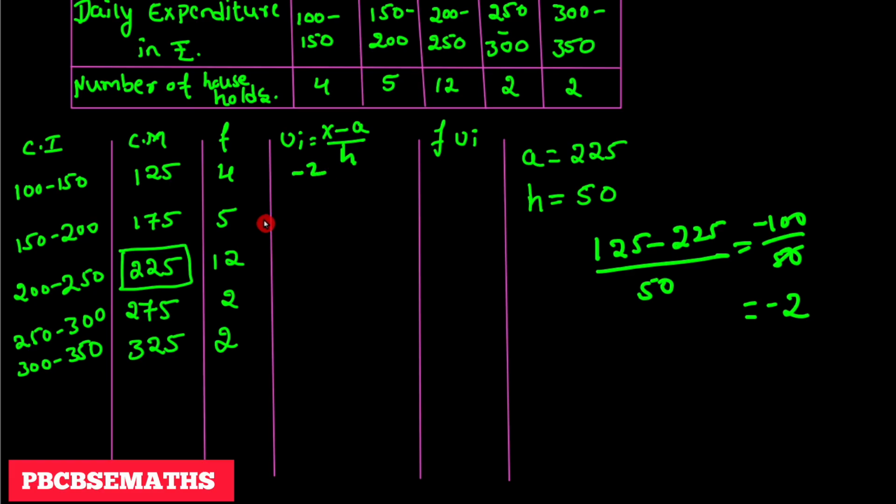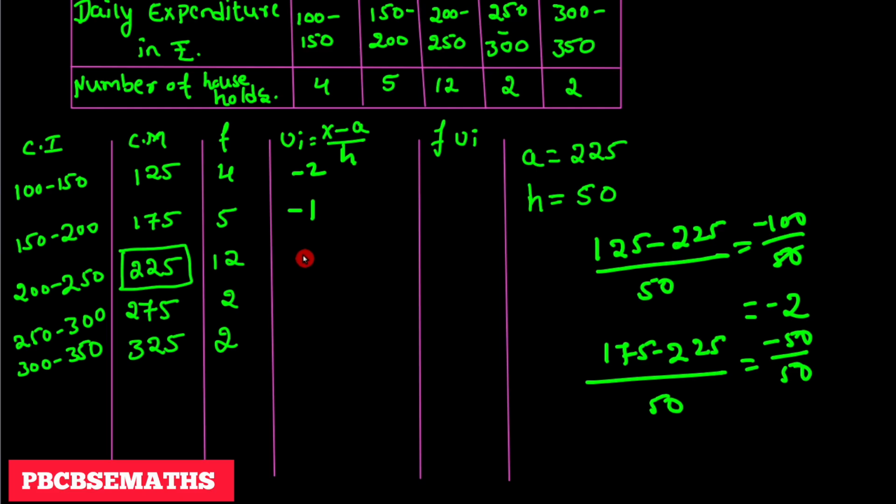Now 175 minus 225 divided by 50, which means we get minus 50 by 50, so here we get minus 1. Here 225 minus 225 divided by 50 means here we get 0. Here 275 minus 225 divided by 50 gives 1. Here 325 minus 225 divided by 50 gives 2.